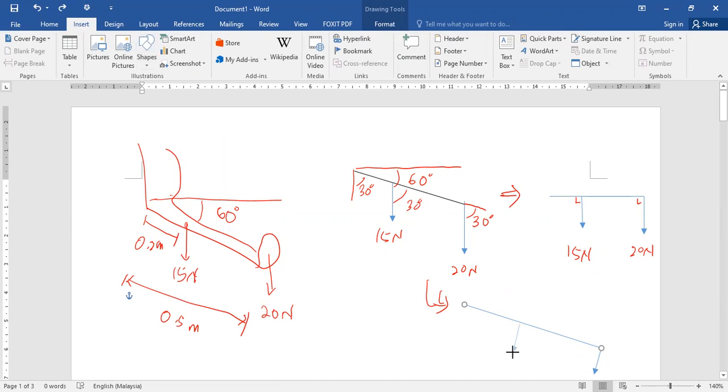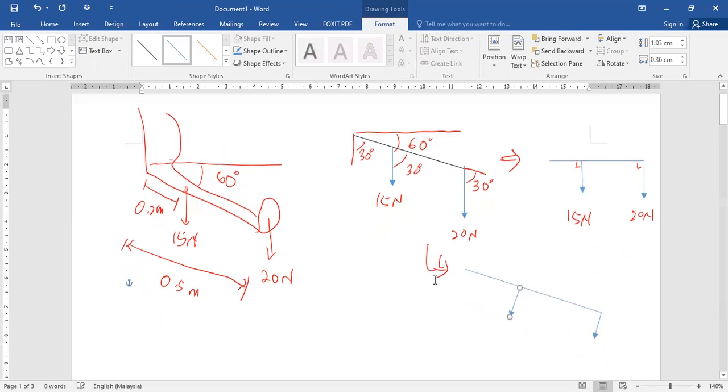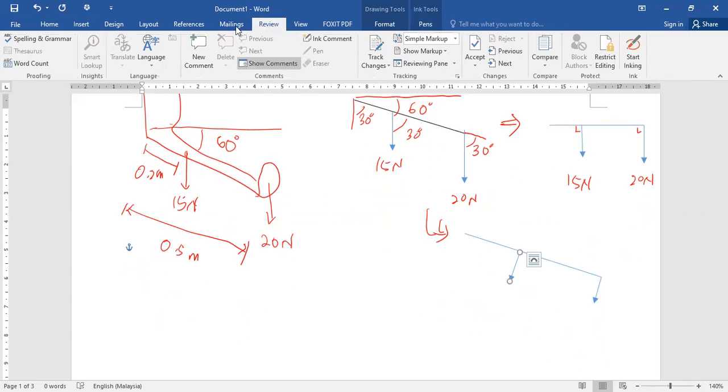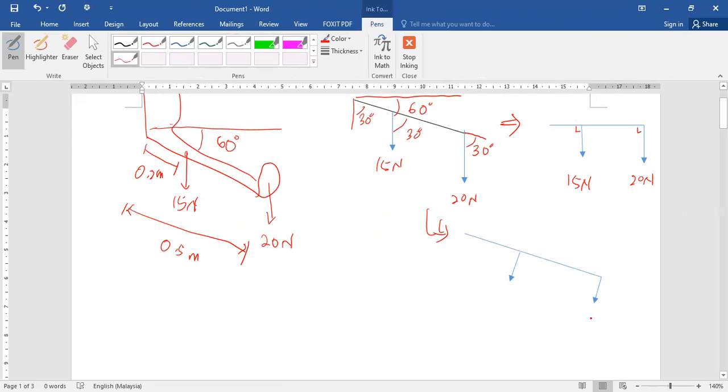I resolve the two forces in this direction. That means this is 20 Newton, this is 15 Newton, where it is 90 degree. If I wish to convert like that, that means that I change the R. This one, I change the F.